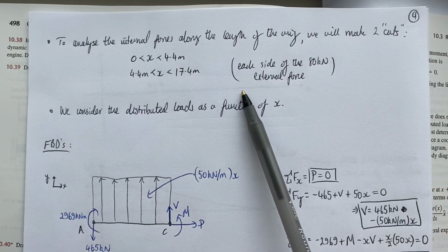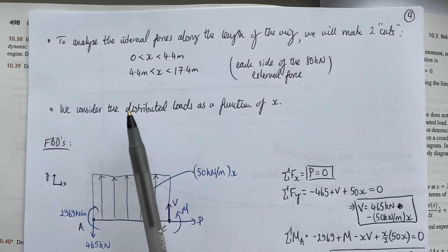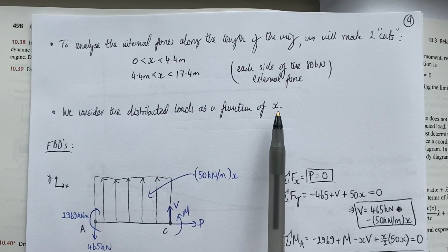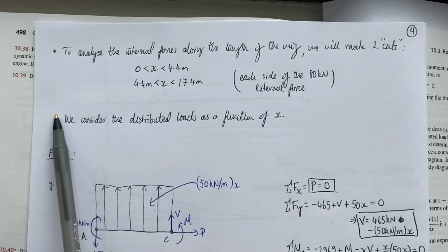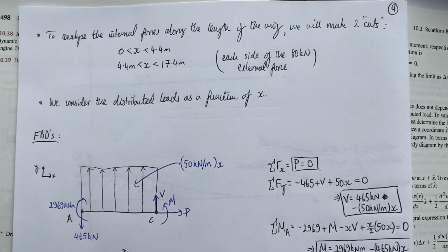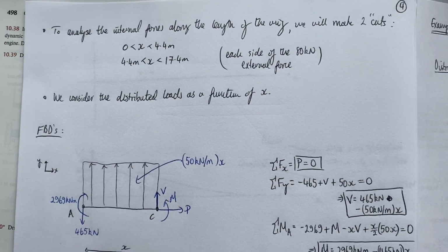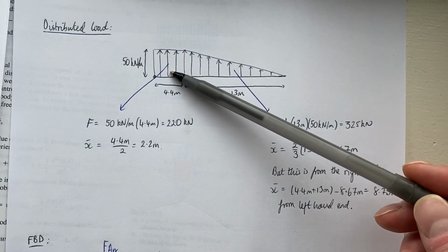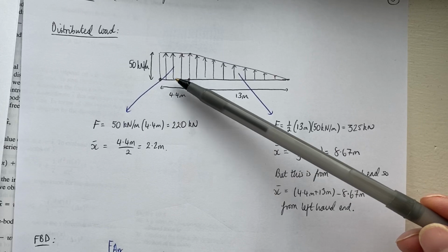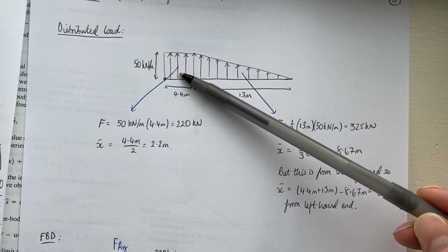But now I need to go back to consider my distributed load as a function of x. Now this is a very, very important point. To get to this point of the solution, I found a single force vector acting at the centroid of this distributed load.